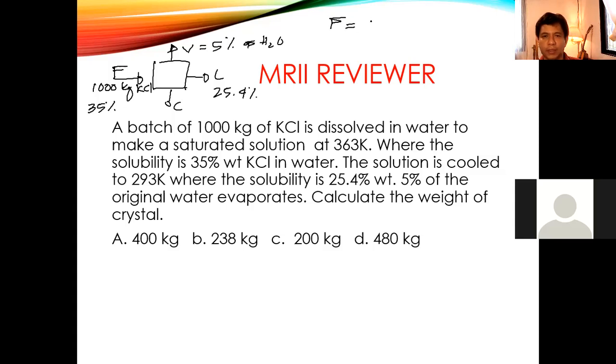Basically, kasi yung 1,000 kilogram KCl, 35% yun. So just simply divide this by 0.35. So that would be F. That will give you something like 2,857 kilogram.